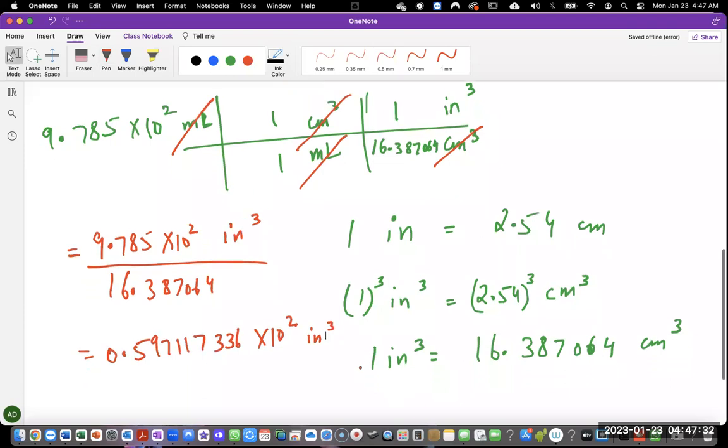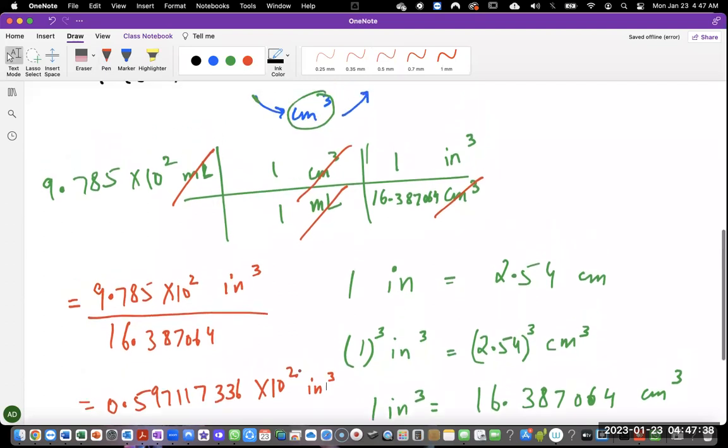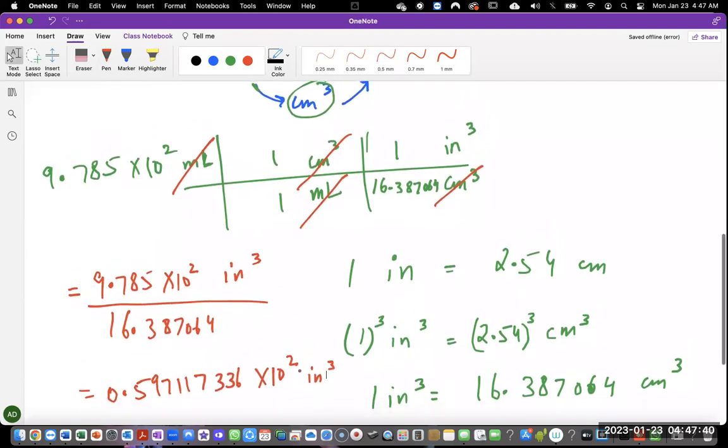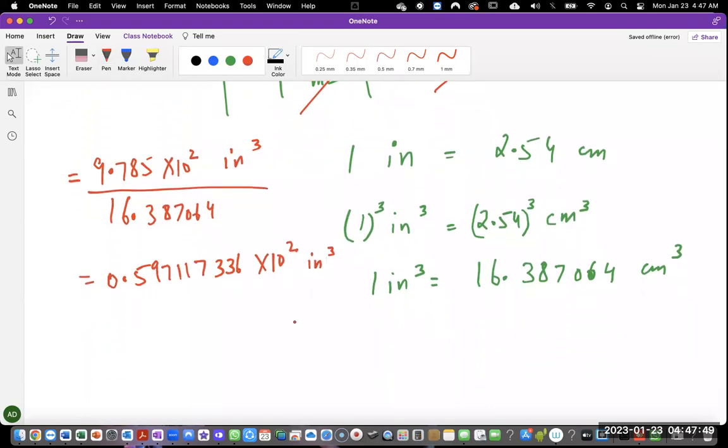Okay, so with that, of course, this is pretty close to the final answer, but there are a couple of things that we need to do. We need to keep in mind the significant figures and scientific notation. Okay, so when it comes to scientific notation, we know that we just simply move the decimal to the right so that the decimal falls between the first two non-zero numbers.